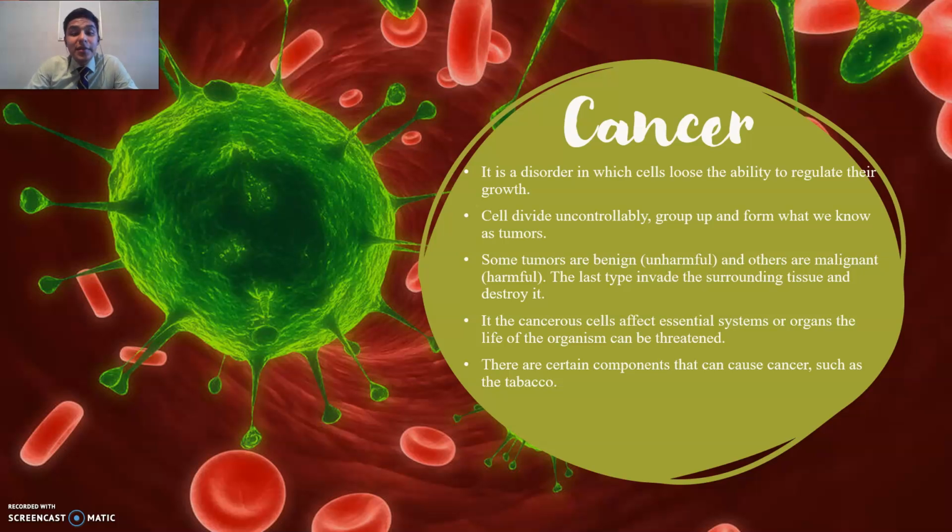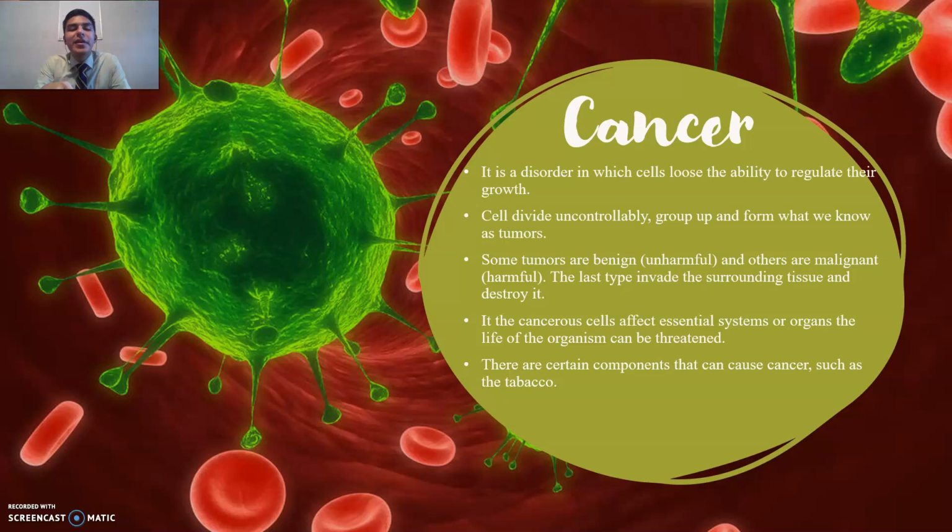So, some general comments about cancer. Cancer is a mutation that happens in humans. Let's imagine that we have the normal cell cycle, right? In the normal cell cycle, cells have a defined number of times they have to divide in a day, in a week, or during their lifetime.